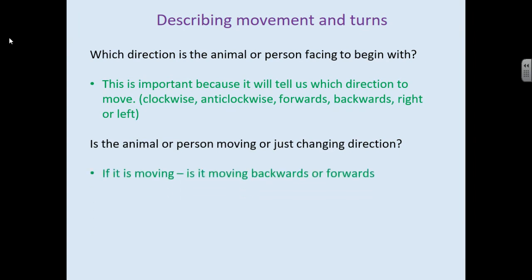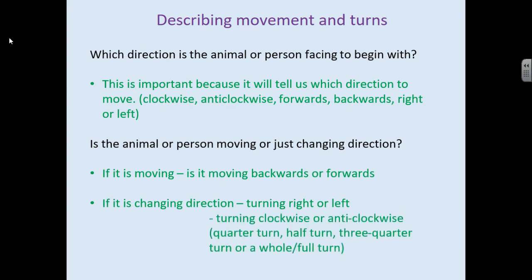If it is moving, it is going either backwards or forwards. If it's changing direction, it will either turn right or left, or it will be turning clockwise or anti-clockwise. So it could be either a quarter turn, half turn, three-quarter turn, or whole or full turn, clockwise or anti-clockwise.